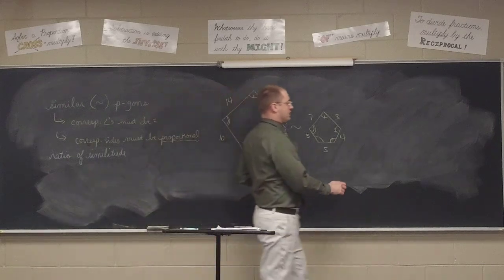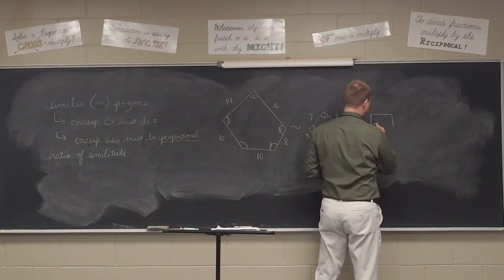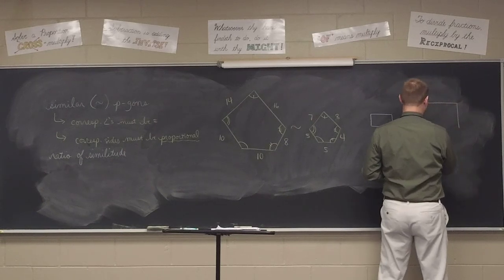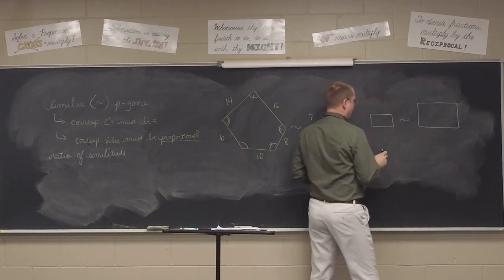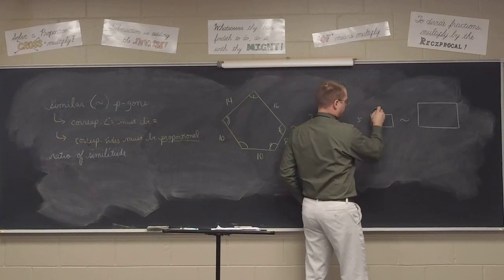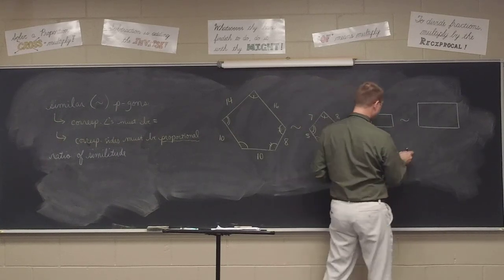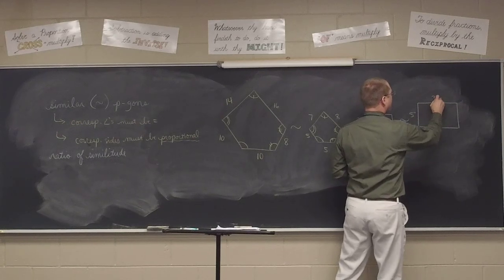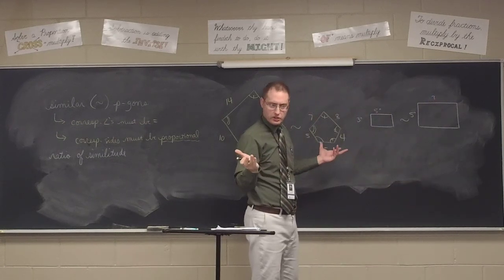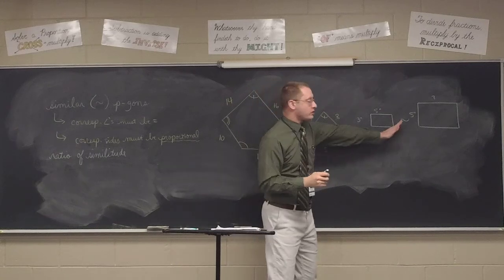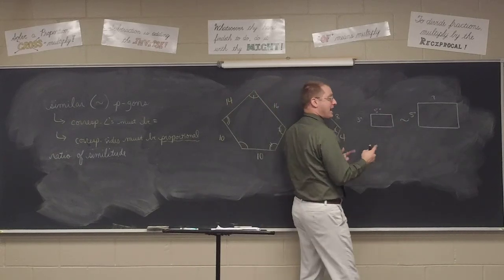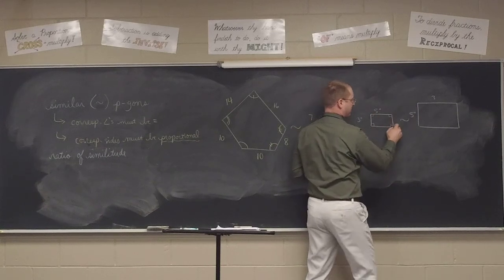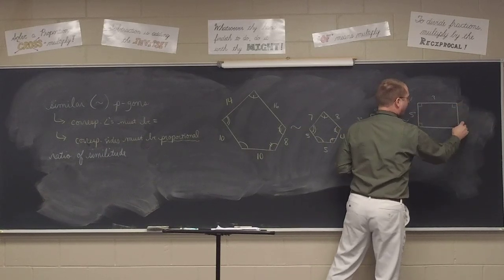So if I, for instance, knew that this rectangle was similar to this rectangle, and I knew that this side was 3 inches and this side was 5 inches, and I knew that this side was 5 inches, and I wanted to know how big that side was, for instance. Well, if I know they're similar, then I know corresponding angles, first of all, class, have to be equal, which, if they're rectangles, of course, the corresponding angles are equal because everything's a right angle.